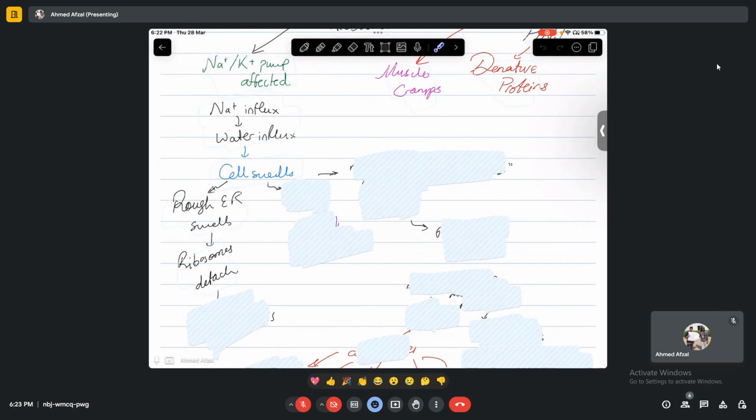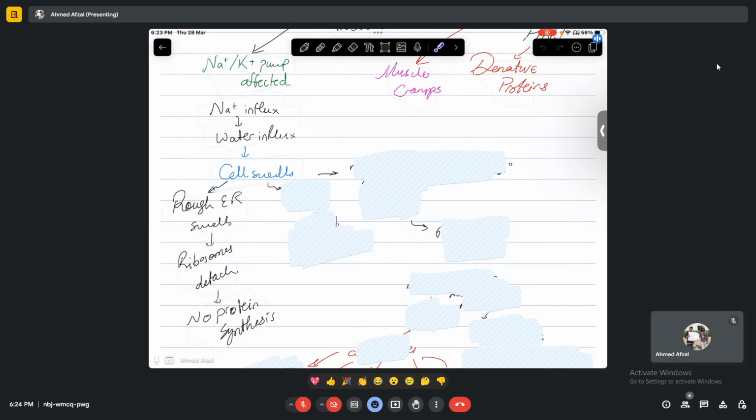The rough endoplasmic reticulum would no longer be rough endoplasmic reticulum. It loses its functionality. Exactly. So it would have no protein synthesis. That's one aspect. What else?